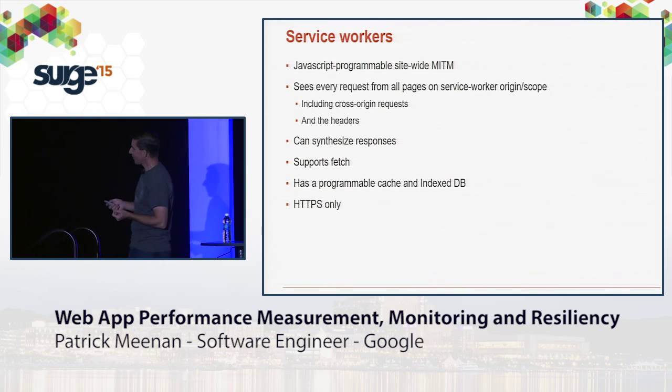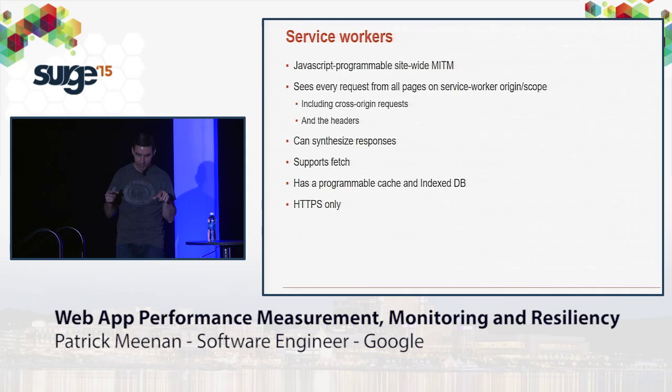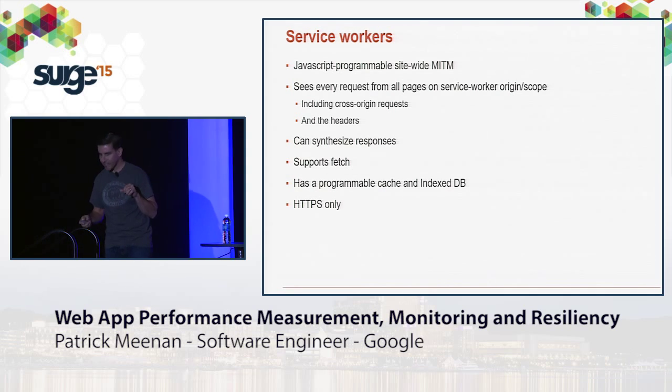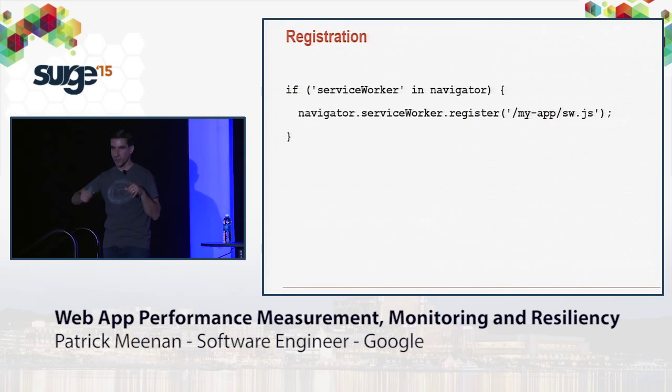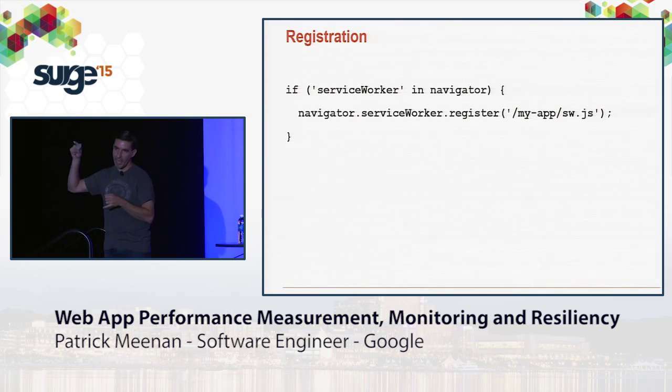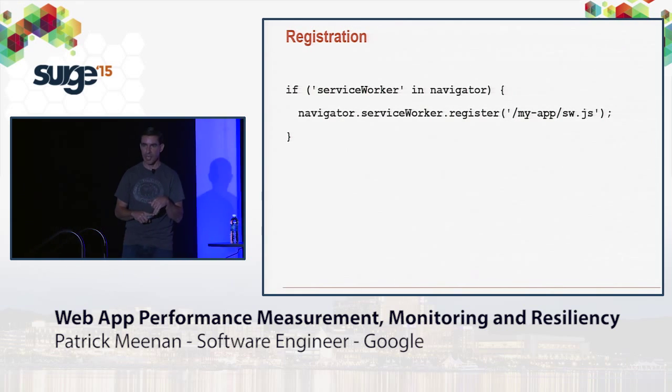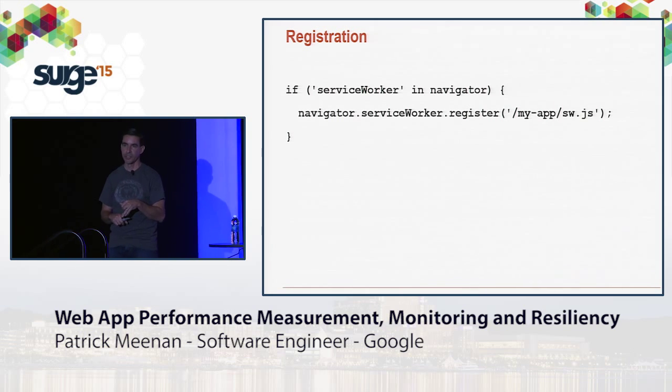So the scope is defined, I may have a page on this, exactly as, so this is what a service worker registration looks like. In the HTML for the page, it will register a path to the service worker code, which needs to be served from the same domain as the document.